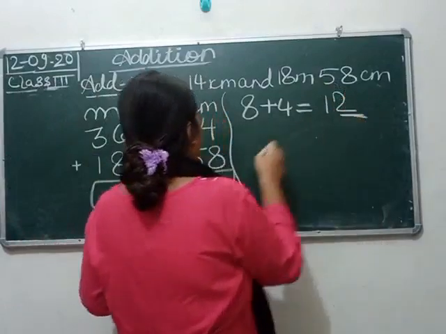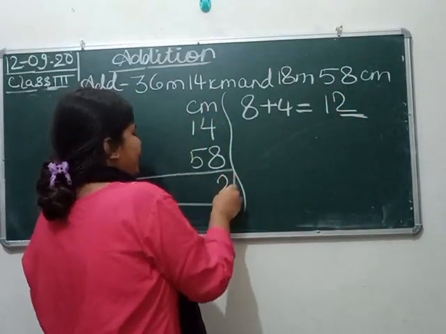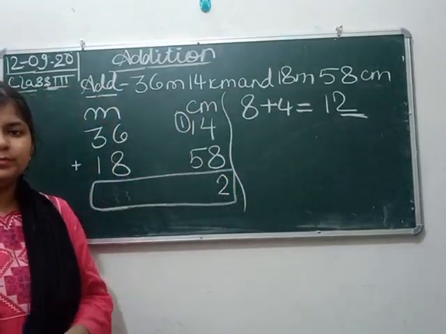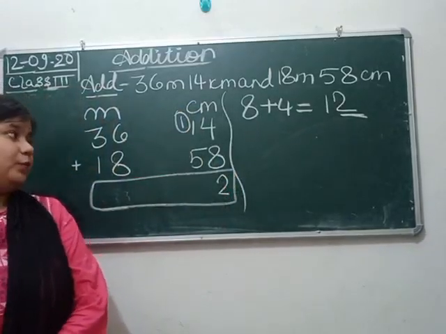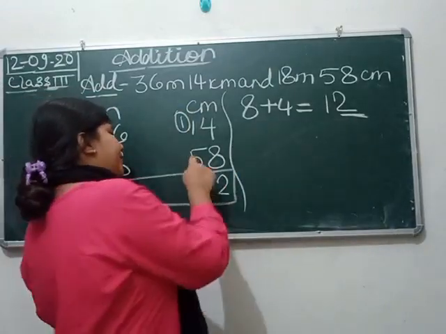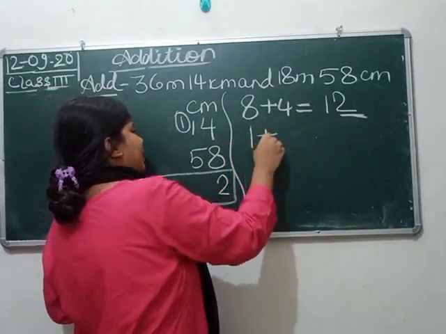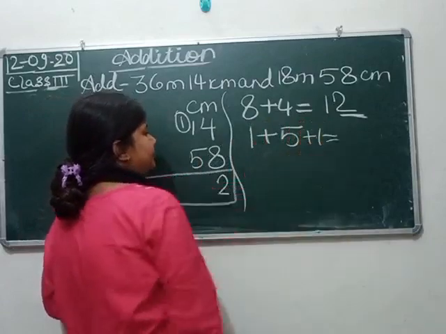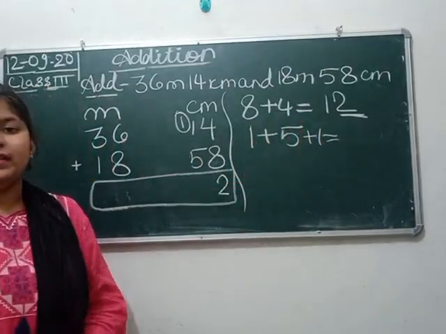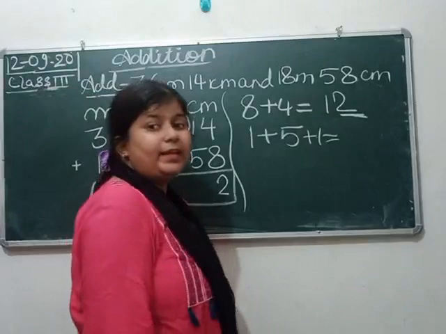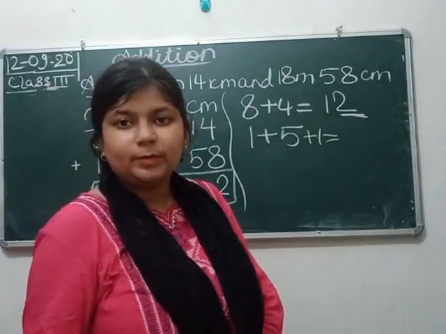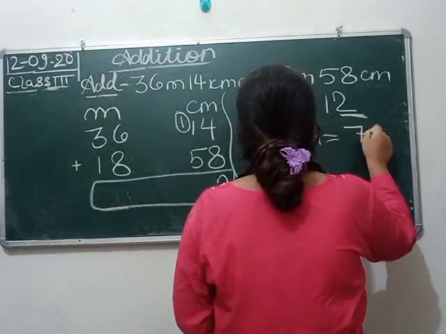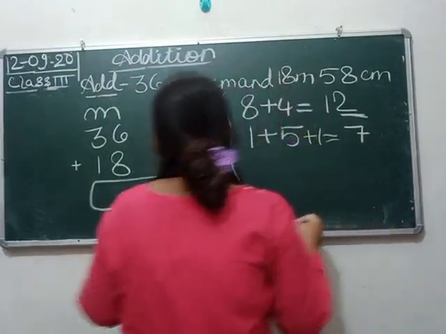For 12 we will write 2 here and we will give carry 1 at the top. Now here we have 1 plus 5 plus 1 carry, so we get 7 as our answer here.